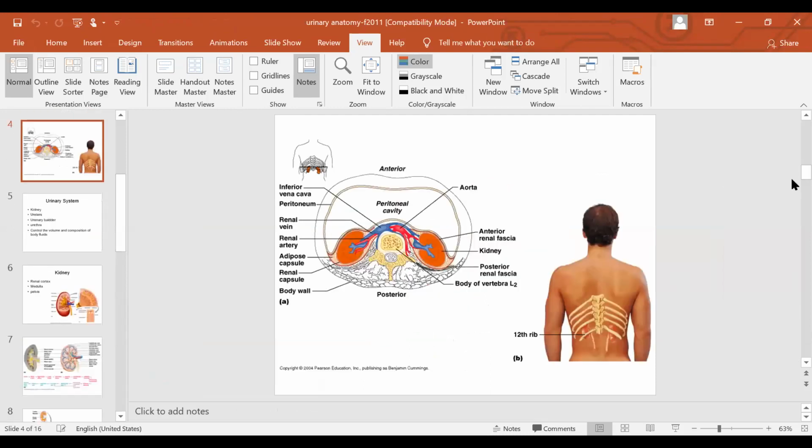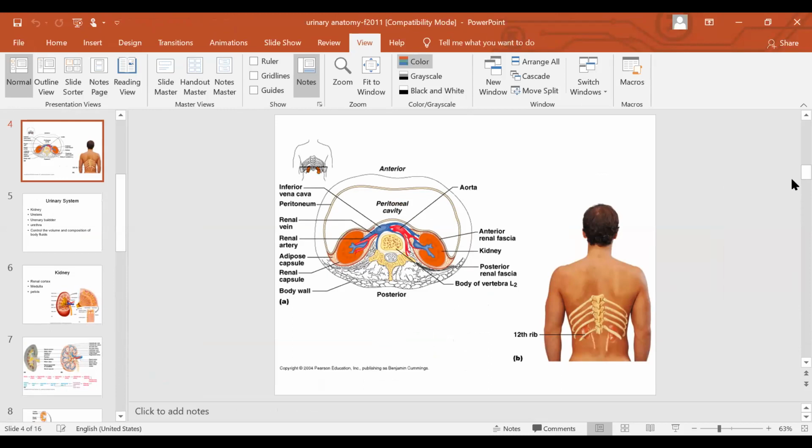Okay, and for urinary bladder, if you remember in your 430, we talked about the lining for urinary bladder. Do you remember that? It's lined with the transitional epithelium.